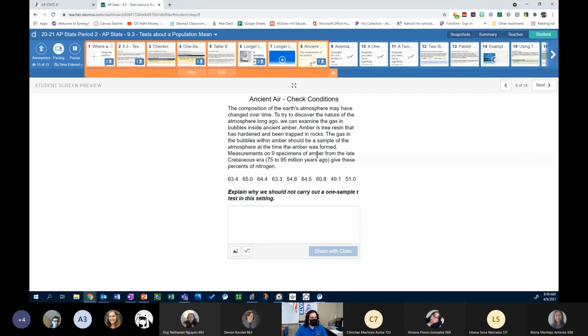Measurements on 9 specimens of amber from the late Cretaceous era give these percents of nitrogen. So we have our values here. Explain why we should not carry out a one sample t-test in this setting. Please explain down here in the text entry window.